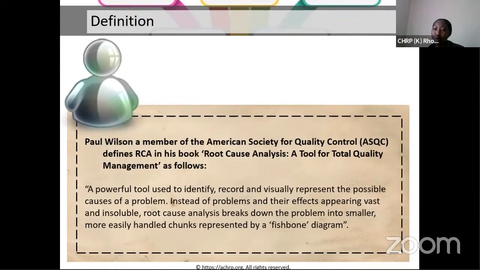Then when you come to the root cause analysis, the bones that are very close to the main spine, or the backbone of the fish, you call them the main causes. Maybe the first whys when you come to the 5 whys. Then as you have other secondary or subsidiary causes, they can come as branches of those main bones, and we'll look at it later.